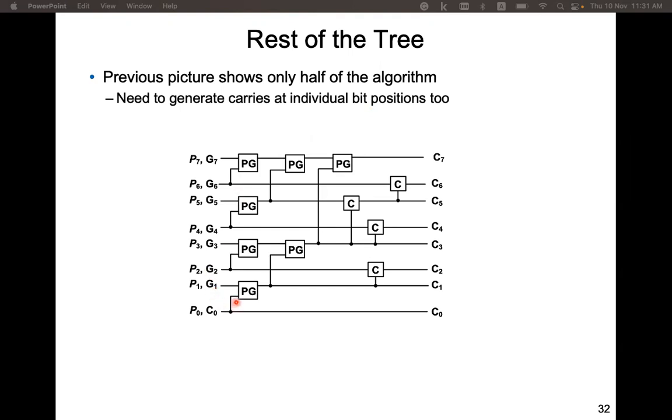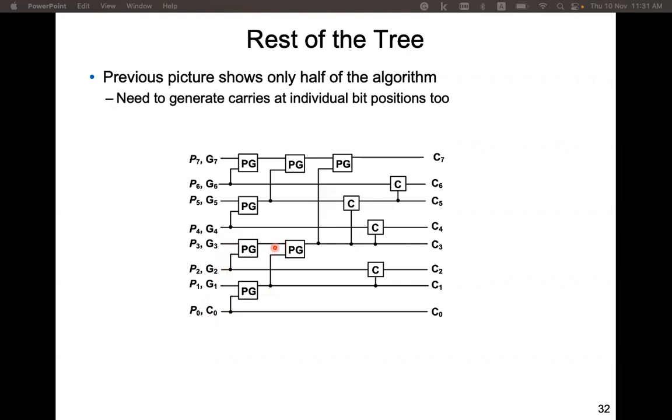Let me repeat what we have for the carry out of the last bit, C7. C0 is given. We combine two bits into one group, bits 2 and 3 into another group.